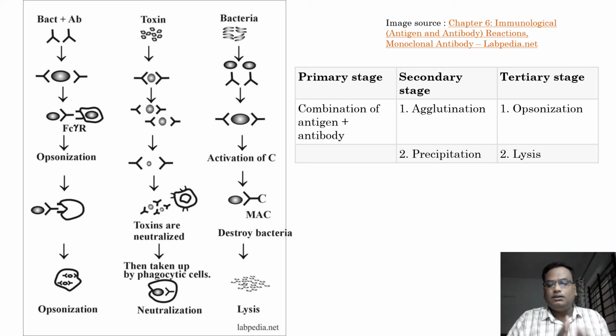Now, when the enzymes are released by the immunologically active cells, and the antigens become neutralized, they lose their ability to cause damage to the cells or the system or body. That is how the antigen-antibody reactions will lead to the protection of the body by means of opsonization and lysis.